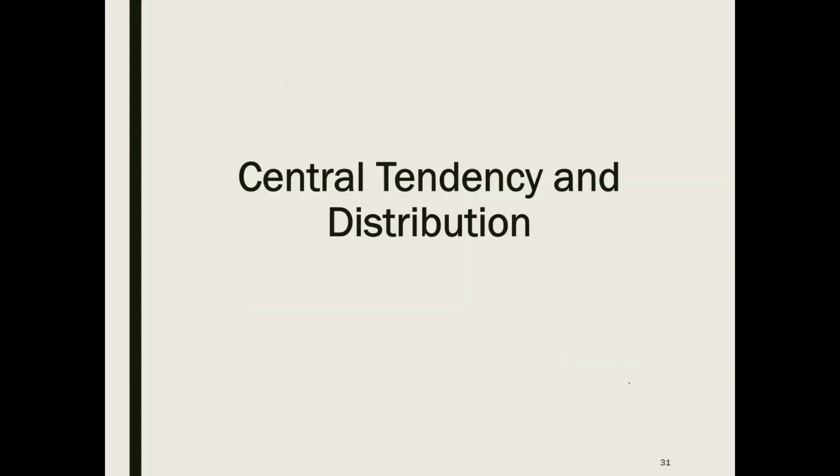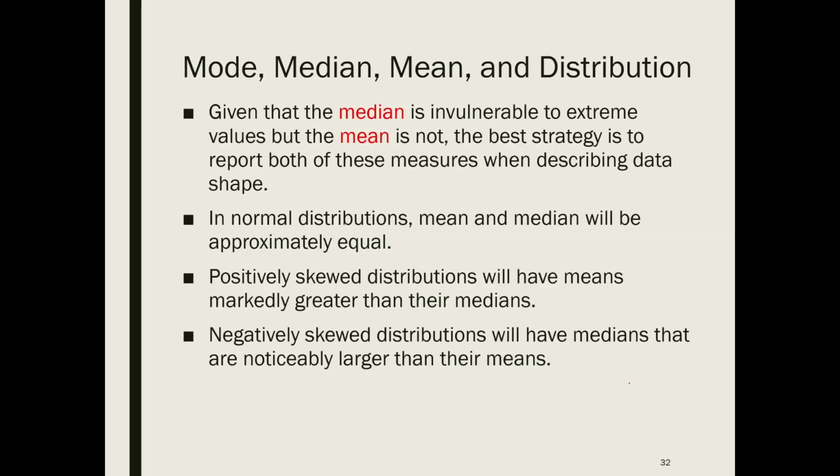So for central tendency, mode, median, mean, and the relationship with the distribution, we often use the median and the mean in a distribution. It gives us some information about what the distribution looks like. In normal distributions, the mean and the median will almost be equal because, well, you see the normal, right?